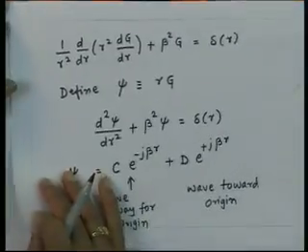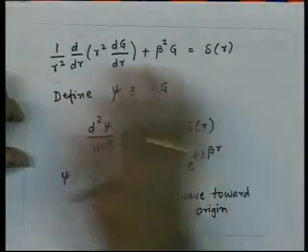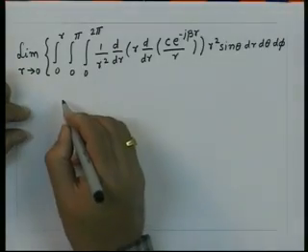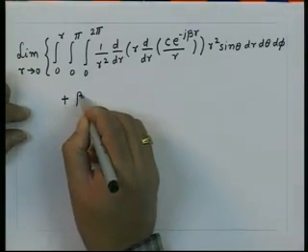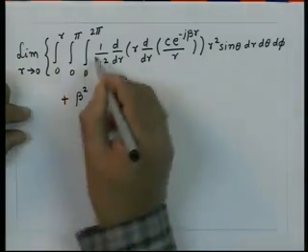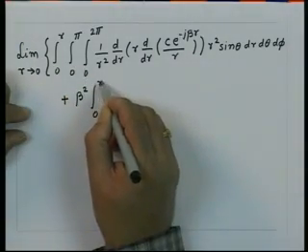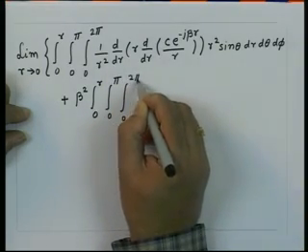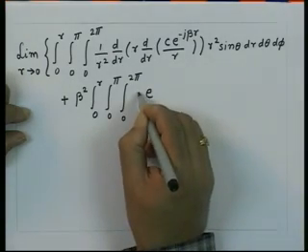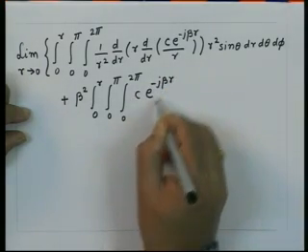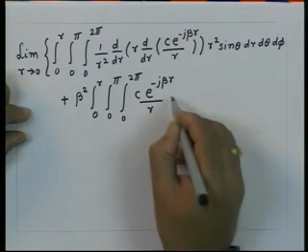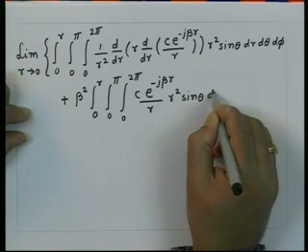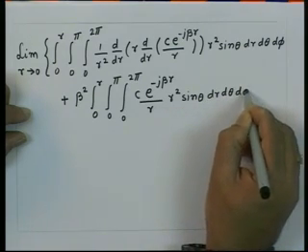So, the first term integration over a volume will be essentially this. The same thing we can do for the second term. So, second term will be plus beta square, again same integration limits. So, 0 to r, for theta 0 to pi, for phi 0 to 2 pi, C times e to the power minus j beta r upon r, r square sin theta dr d theta d phi.